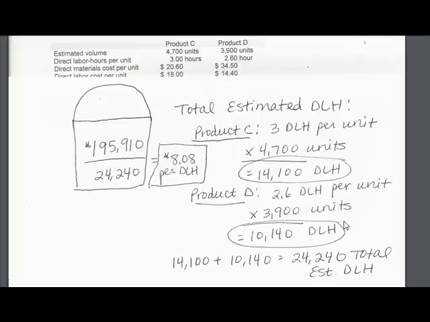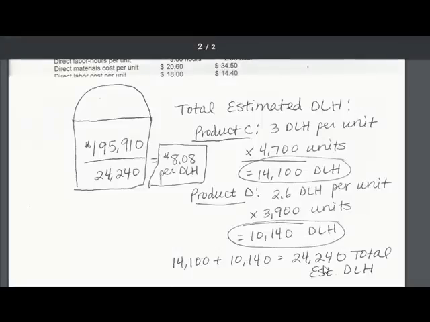Then for product D, that product takes 2.6 direct labor hours per unit. I'm going to make 3,900 units of product D for a total of 10,140 direct labor hours required. So adding the two direct labor hour numbers together down here, I get 24,240 estimated total direct labor hours.